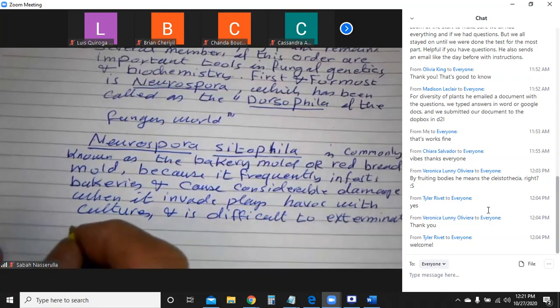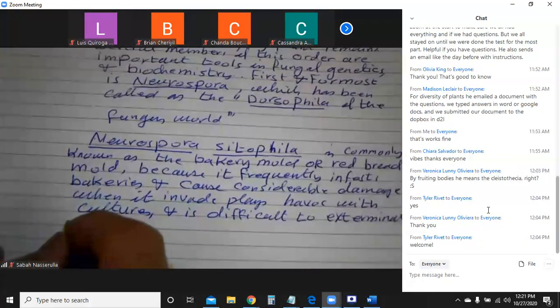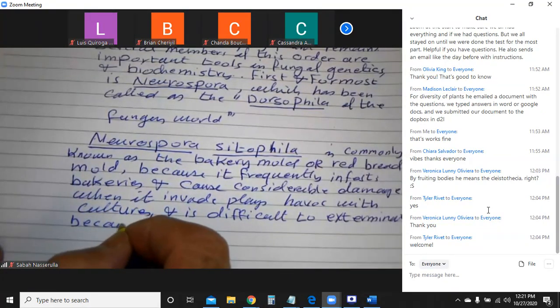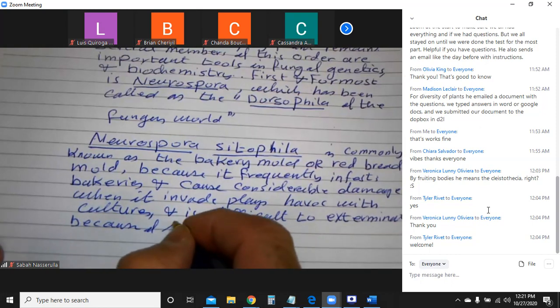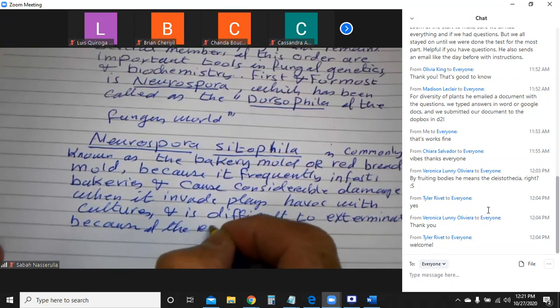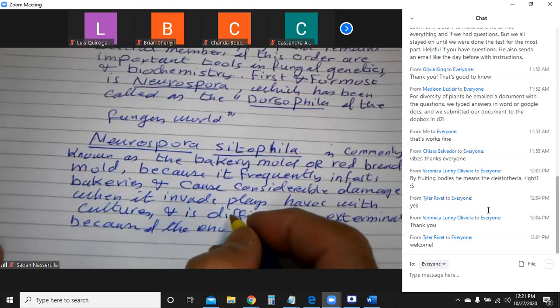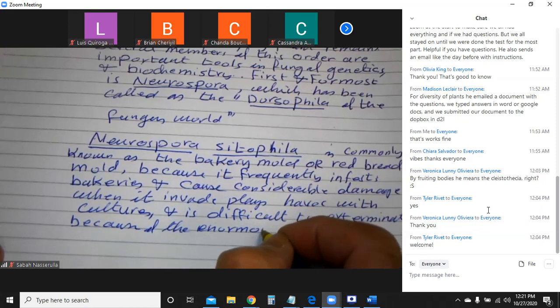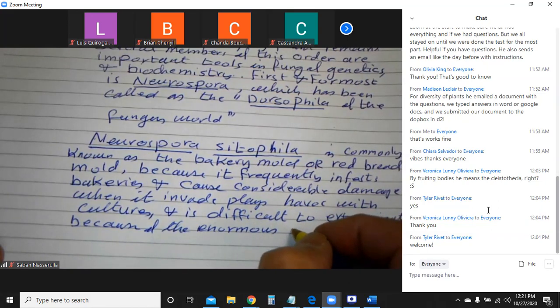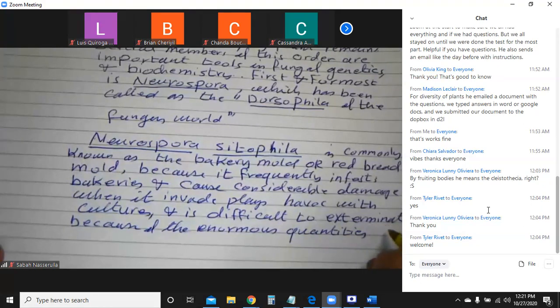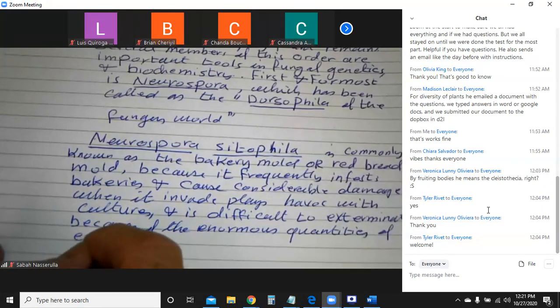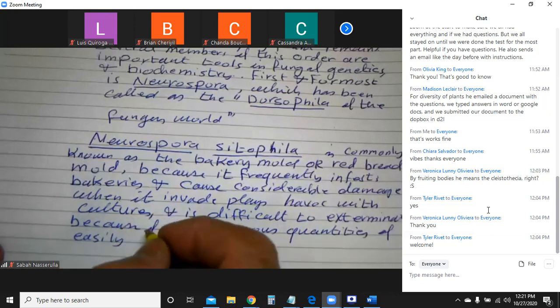This is mainly because of the enormous quantities of easily dispersed conidia.